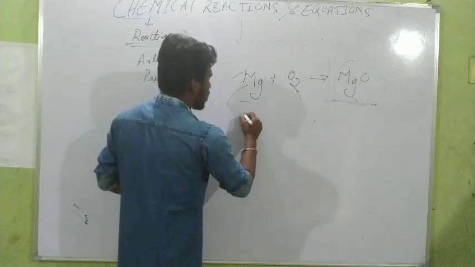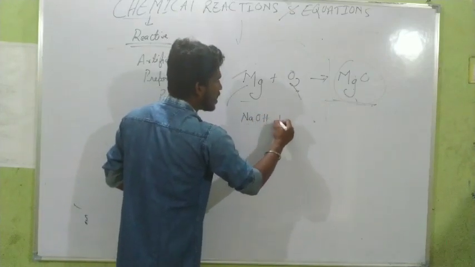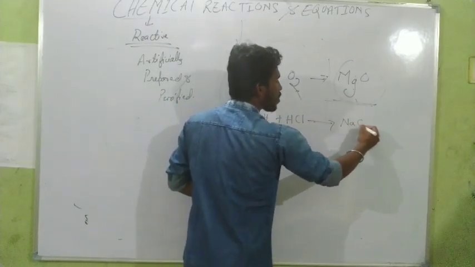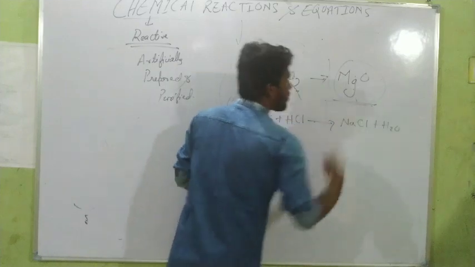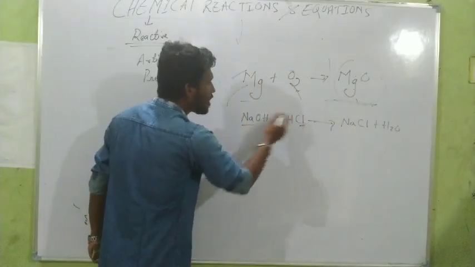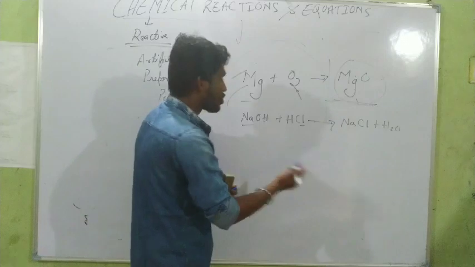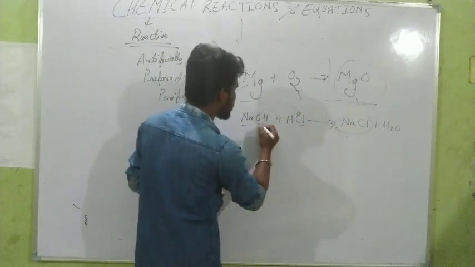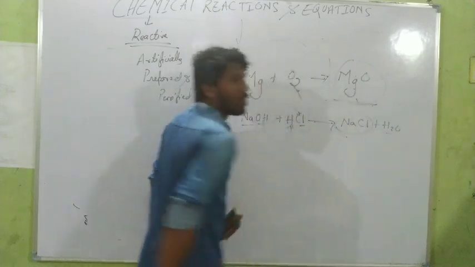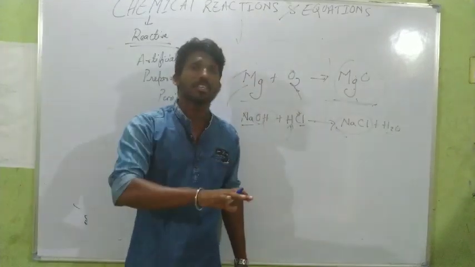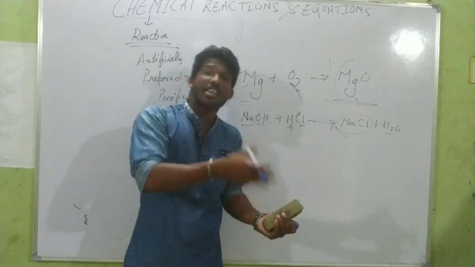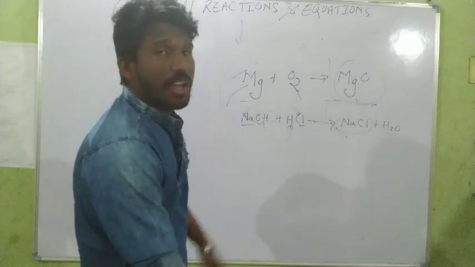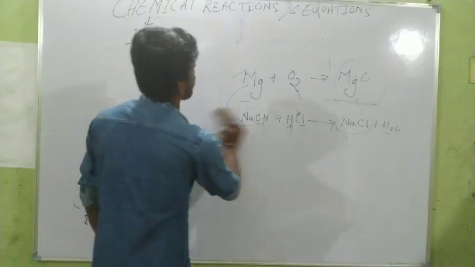One more equation: sodium hydroxide plus hydrochloric acid gives sodium chloride plus water. Here sodium and chlorine have come together, and the other parts combine to form water. Just rearrangement takes place, and one element never changes into another element. Clear? This is the basic rule of chemical reactions.